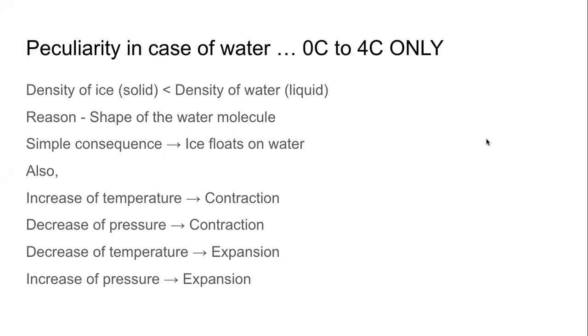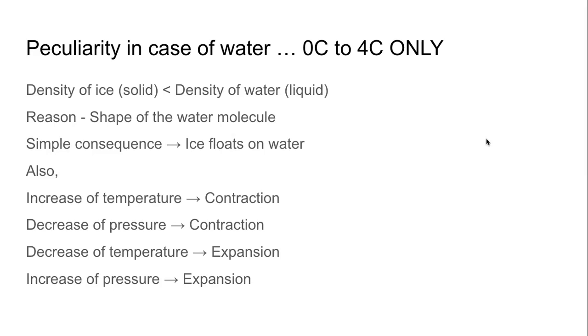And it is not the case that H2O always is working against that general rule, that general observation. No. The behavior of water in a specific temperature range, that is between 0 degrees Celsius and 4 degrees Celsius, it is very strange. It is really very strange.